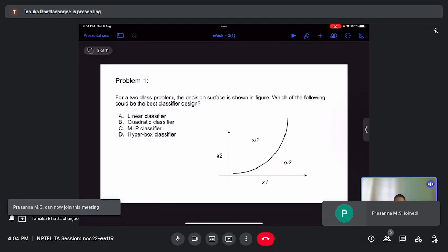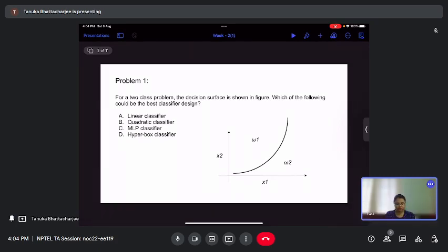We have two features, x1 and x2, and two classes, omega 1 and omega 2. For each pattern, we have computed these x1 and x2 features, so when we plot in this x1-x2 space, each pattern will be a point.